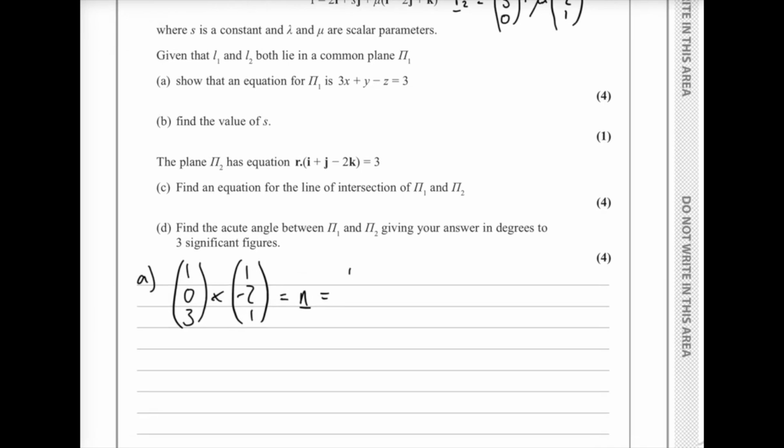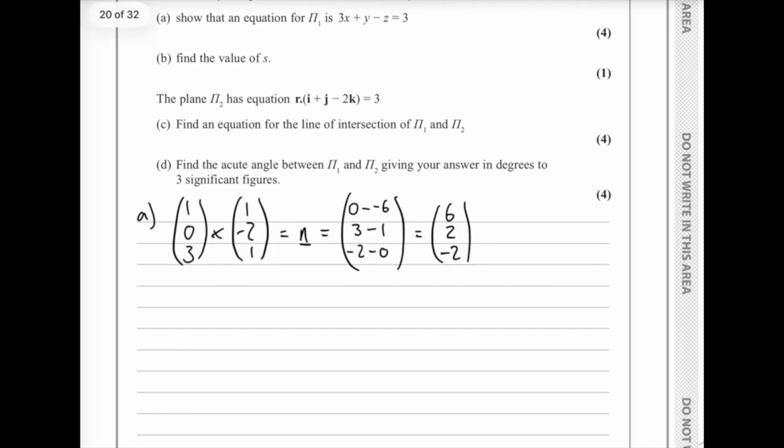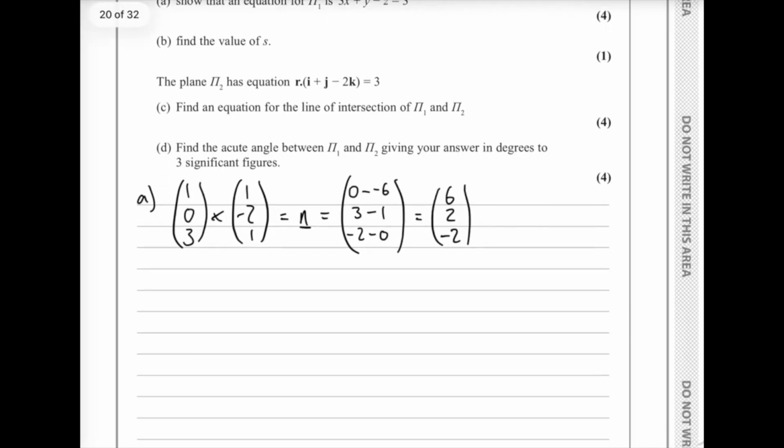Crossing these, we get 0 minus minus 6, 3 minus 1, and minus 2 minus 0: 6, 2, minus 2. But this is a direction, so we don't need those exact numbers so long as the relationship is true, so we can simplify that to 3, 1, minus 1 if we want to.